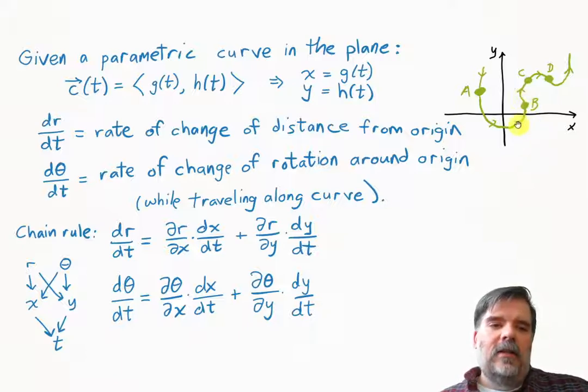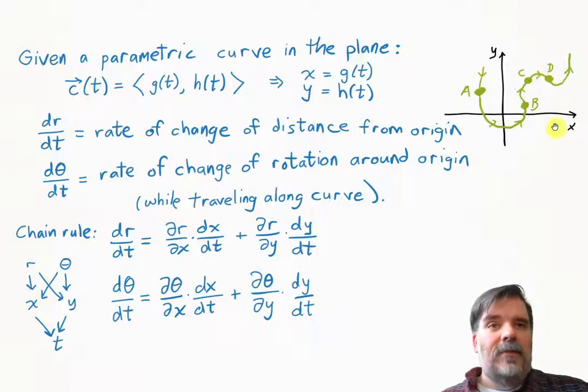So d theta dt would be positive here. At this point C, you're just moving away from the origin. So the angle that you're making with the x-axis really isn't changing at this point. At this point, d theta dt would be 0. And here at point D, you're kind of moving in a more clockwise direction.